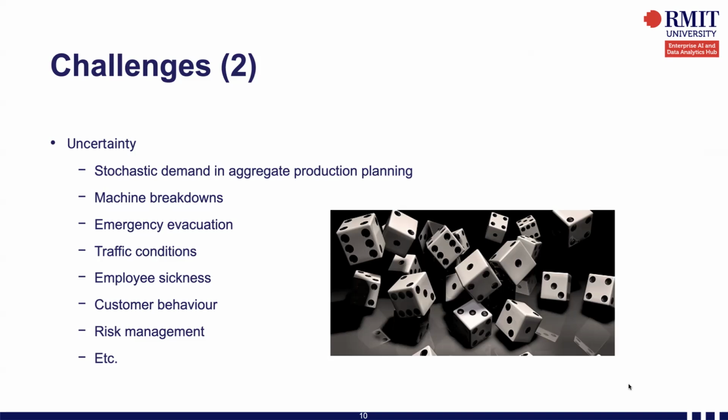If you're working in healthcare, building management, or disaster situations, then you have emergency evacuation, in which there are a lot of uncertainties that we need to consider. Transportation and traffic control are also areas in which we have to handle those uncertainties.